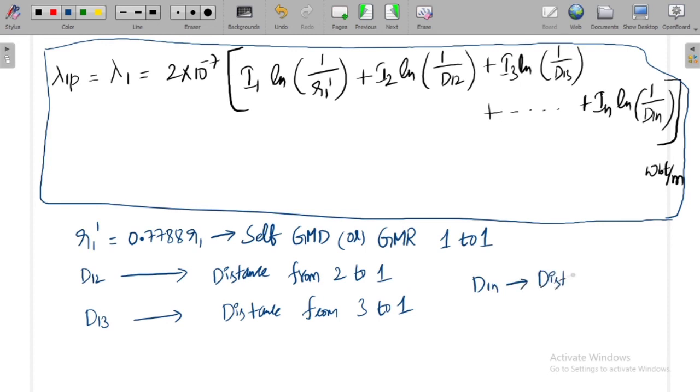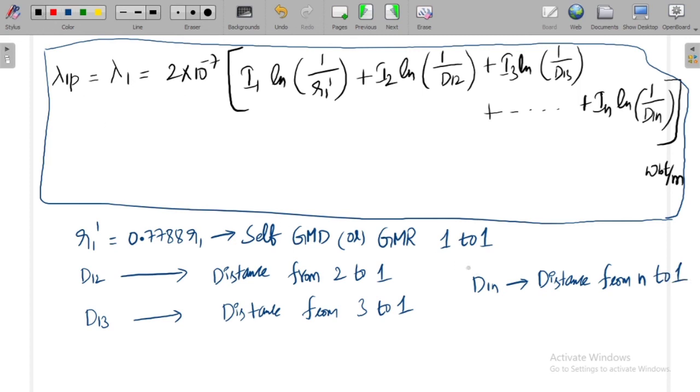What is d1n? It is the distance from nth conductor to first conductor. So distance from n to 1. Let me erase this.